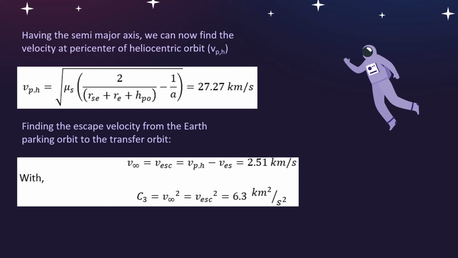Now, we find the escape velocity from the Earth parking orbit to the transfer orbit, which equals 2.51 km per second, with a C3 of 6.3 km squared per second squared.